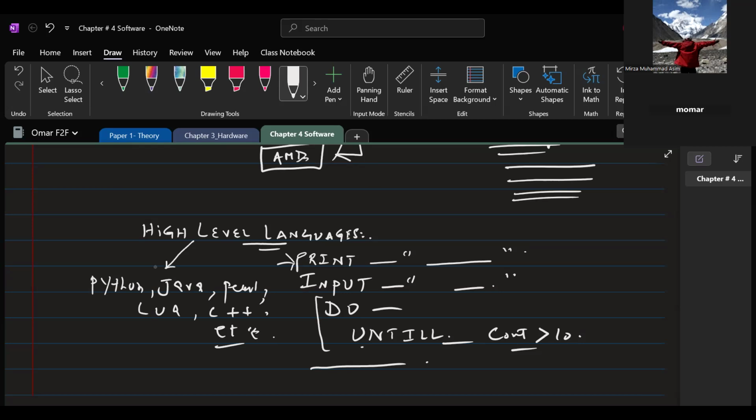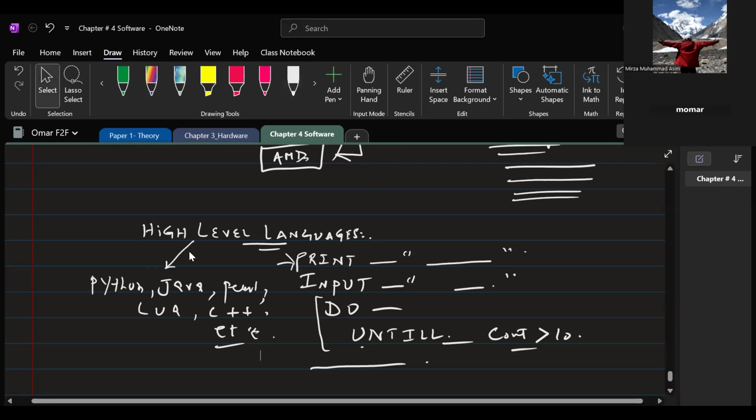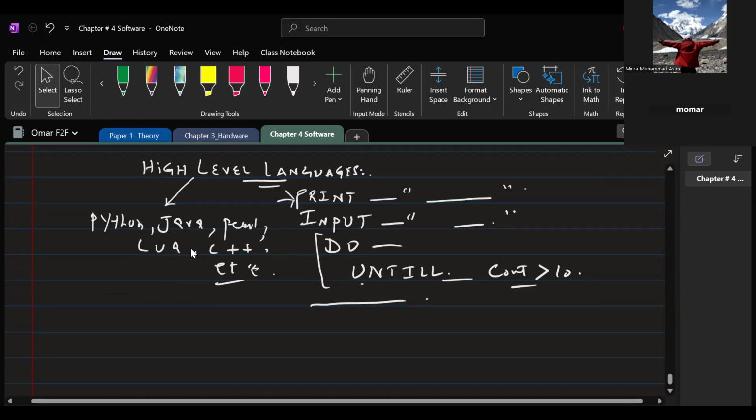Nowadays Python is very strong. Still people are using Visual Basic for software development, and Java is also a very powerful language. All these languages are using English words, right? Any question?